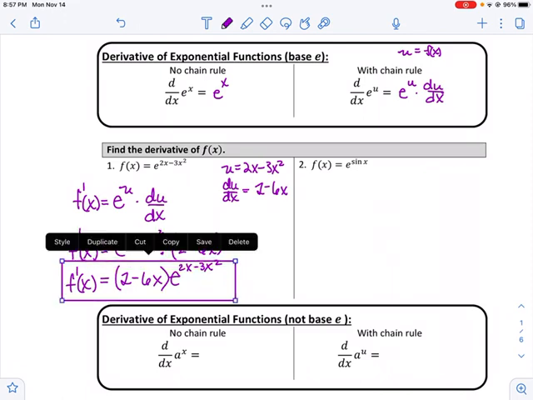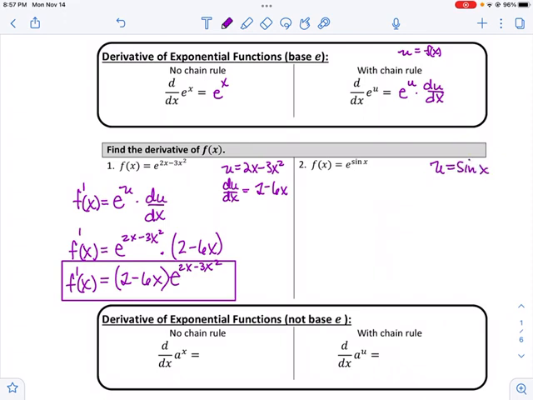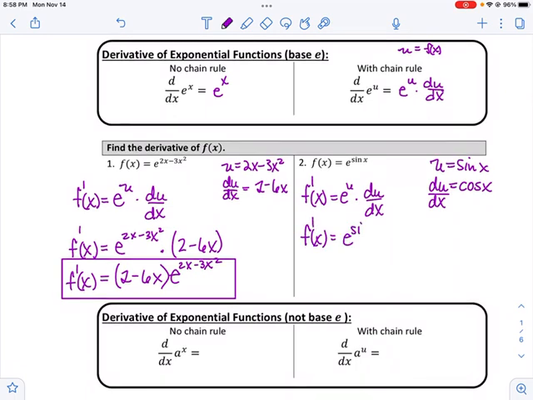Okay. And then for the next one, we're going to say u is equal to sine x. We have an e to the u form, and du dx is equal to cosine x. So f prime of x is equal to the e to the u times du dx form. So f prime is equal to e to the u, which is e to the sine x.